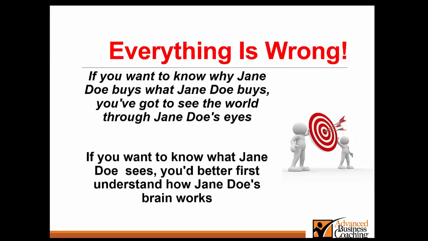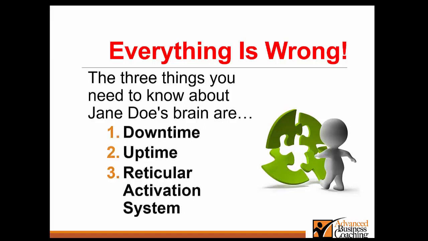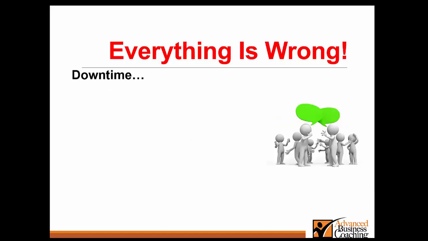But these three concepts will make the biggest difference in the world in your marketing efforts and more importantly, in your company's profitability. Those three things that you need to know about Jane Doe's brain are downtime, uptime, and the reticular activating system, also known as reticular activators. Now I'd like to go into each one of them in detail.